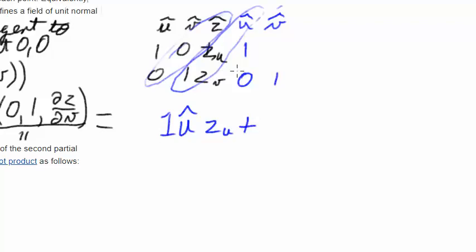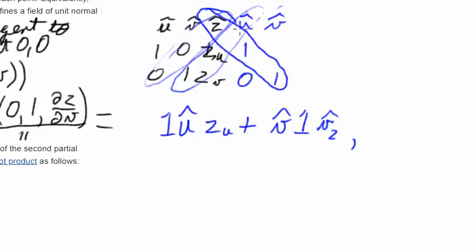plus v hat times 1 z sub v, and then z hat is going to be negative because we have to move the circle the other way. So it's minus z hat times 1.